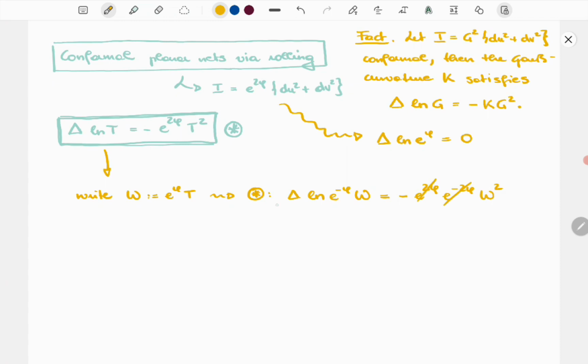Then these two cancel. Further, we know that this part here vanishes, so we are left with delta logarithm of w equals minus w squared. But now this equation here tells me that a metric I_w of the form w squared (du squared plus dv squared) has constant Gaussian curvature 1.